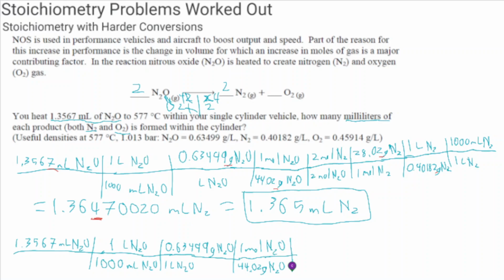All right. So we did our moles and moles. Now we're going to look at our chemical equation, and we'll see that for every 2 moles of N2O, we only have 1 mole of O2. So we're going to say 2 moles of N2O gives us 1 mole of O2.